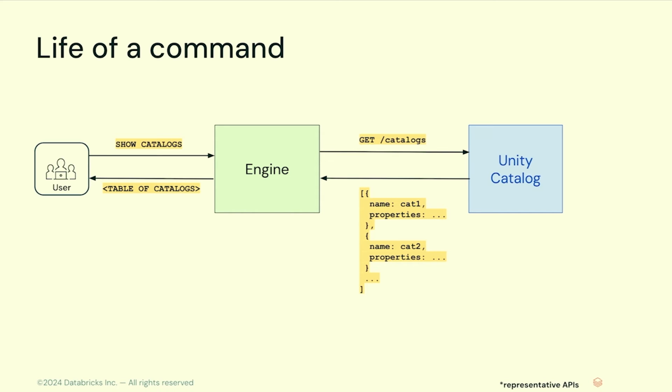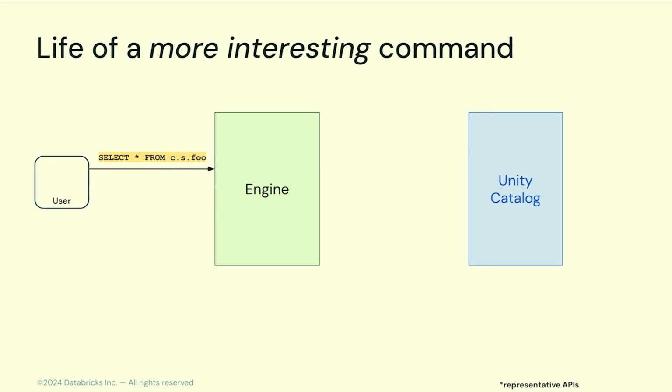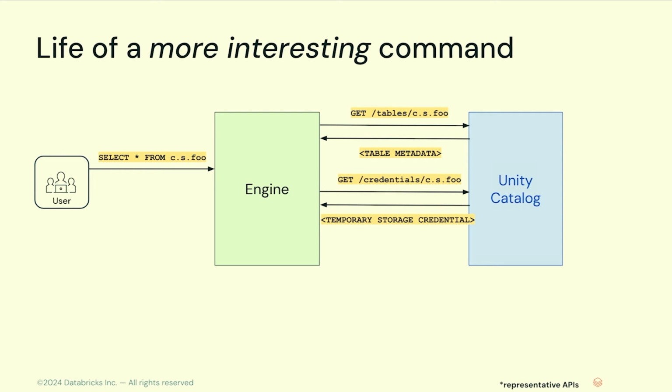A more interesting command is reading from a table. Reading from a table involves multiple operations. It's not just a single get metadata fetch. If you have a select from a table, the engine would first go to Unity, get the table's metadata, and after that ask Unity for the temporary credentials. The API URLs are representative here; they don't exactly match what the API endpoints for UC look like.